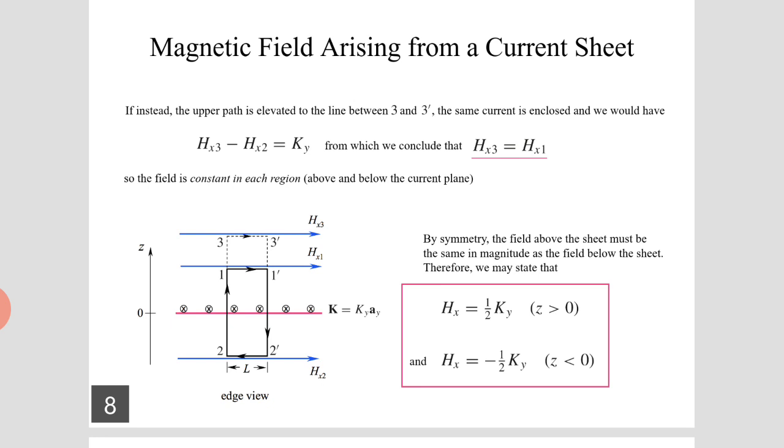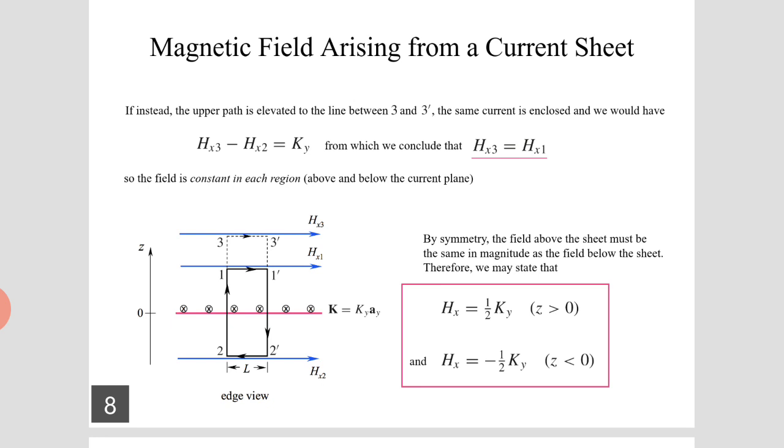Therefore from this we conclude that Hx3 is equal to Hx1. So the field is constant in each region, that is above and below the current plane, right? You can observe in the figure here that Hx3 is available over 3 3 dash. Now by symmetry, the field above the sheet must be the same in magnitude as the field below the sheet.